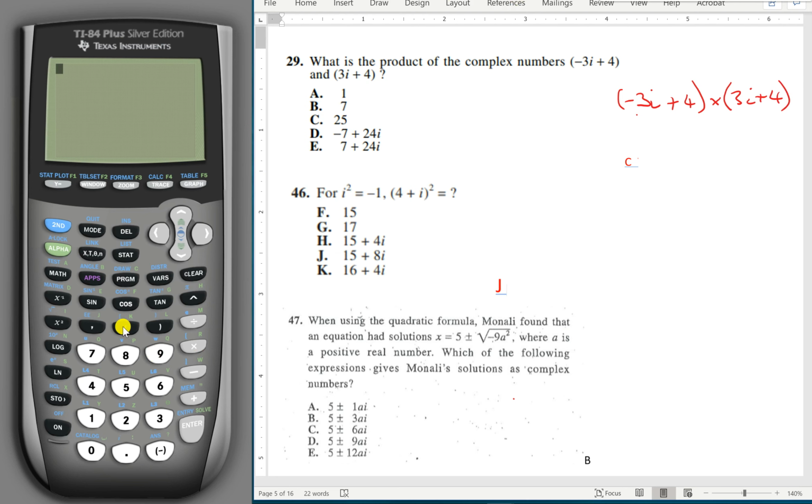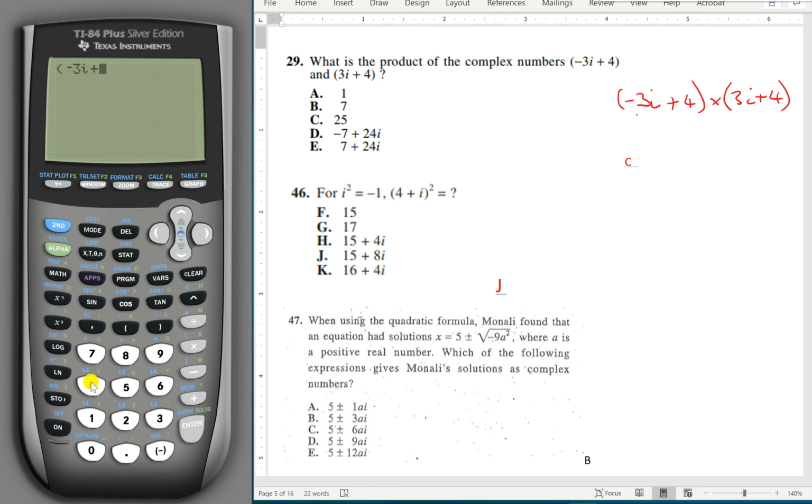You don't have to. So we get parentheses, and it's going to be negative 3. And to find i, you go to second, you press the decimal point, and up pops i. It's a wonderful thing.